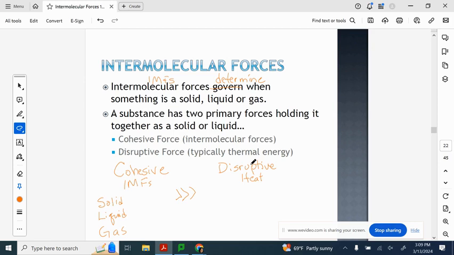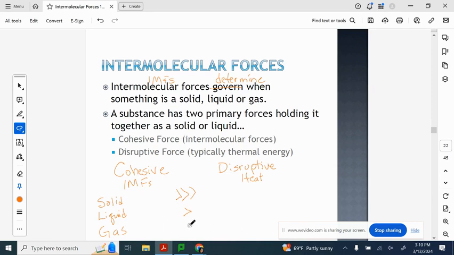You put that in the oven for a few minutes, what's going to happen to it? It's going to melt because it's going to have done what to the cohesive forces? It's going to have reduced them. There's still going to be some there, that's why it's a liquid. You keep going and get rid of all of them, and guess what you got? A gas. So this is going to have stronger cohesive than disruptive.